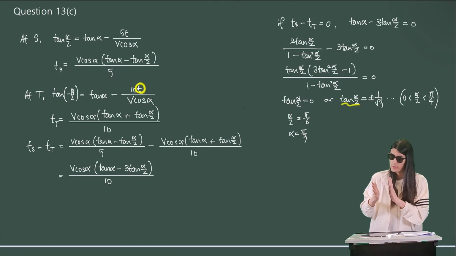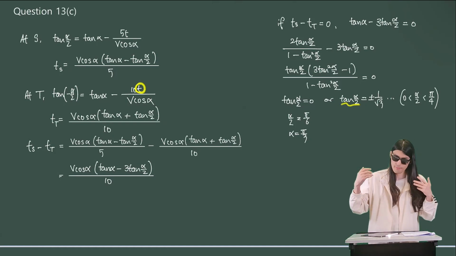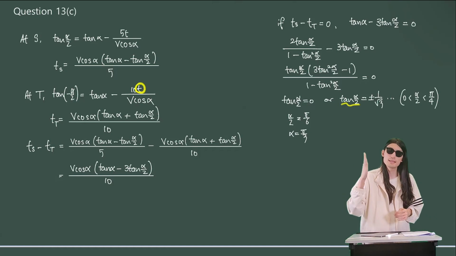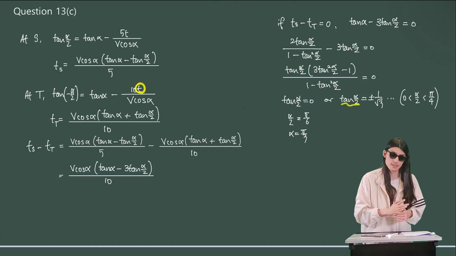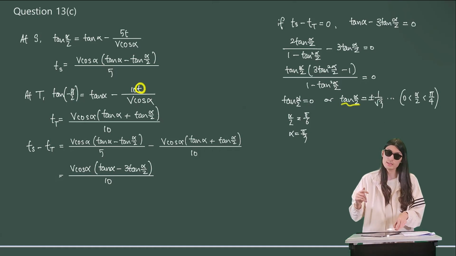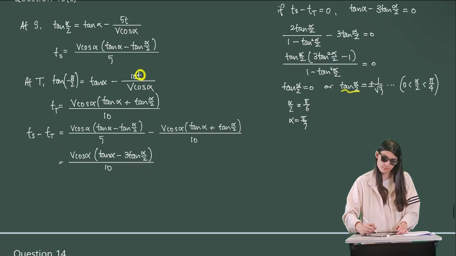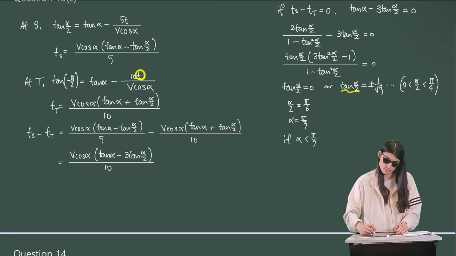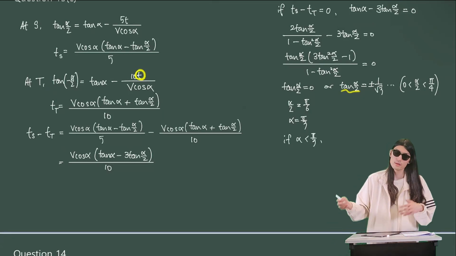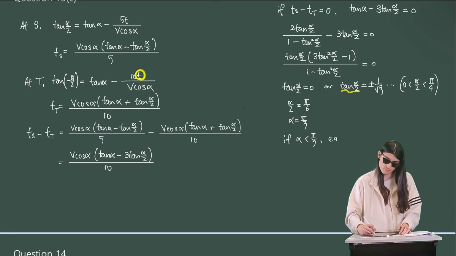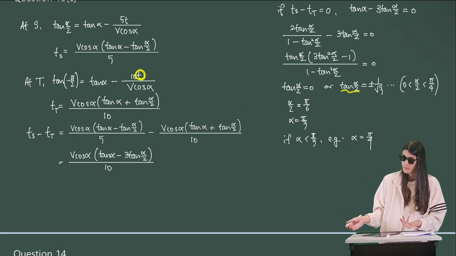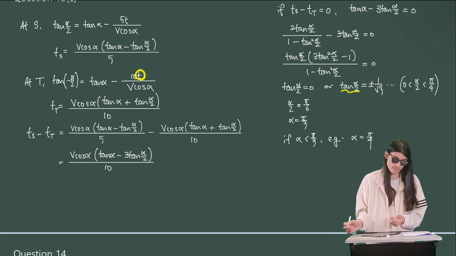And all we now need to consider is, what if alpha is less than this? What if alpha is less than pi on 3? So for example, alpha is equal to pi on 4, because pi on 4 is a value that's less than pi on 3.